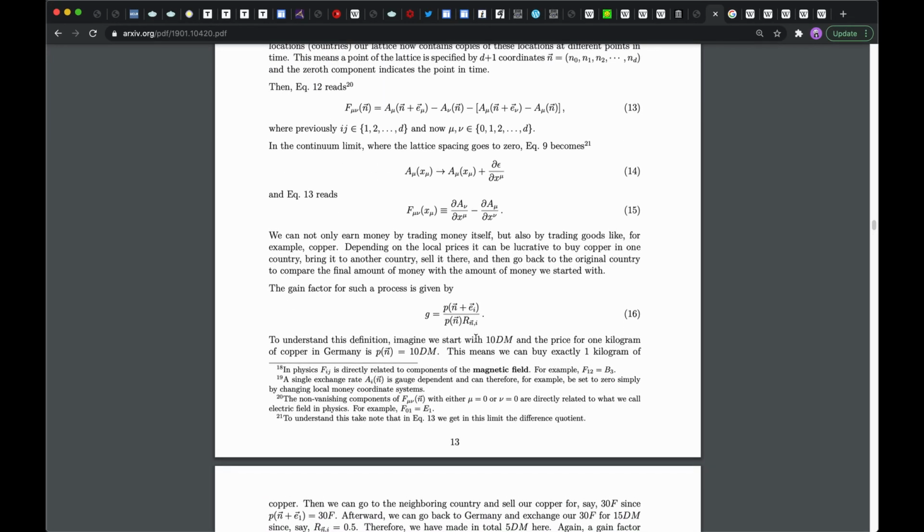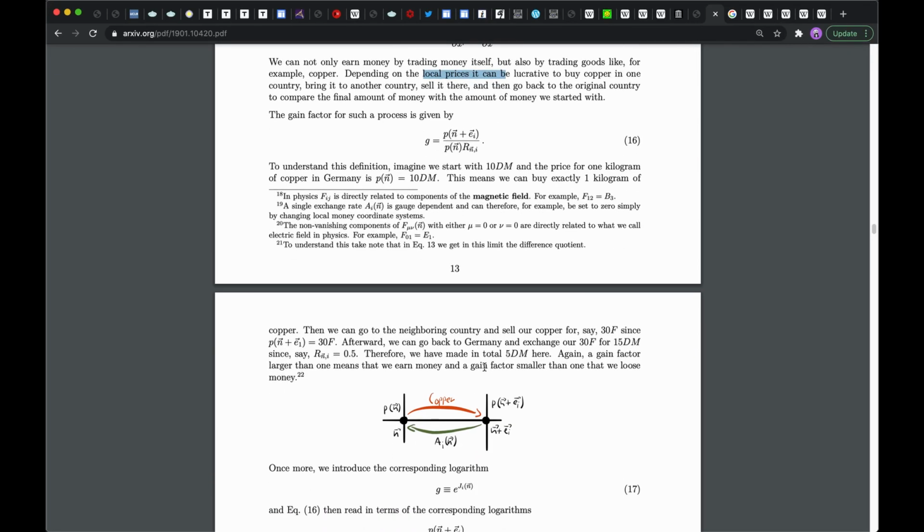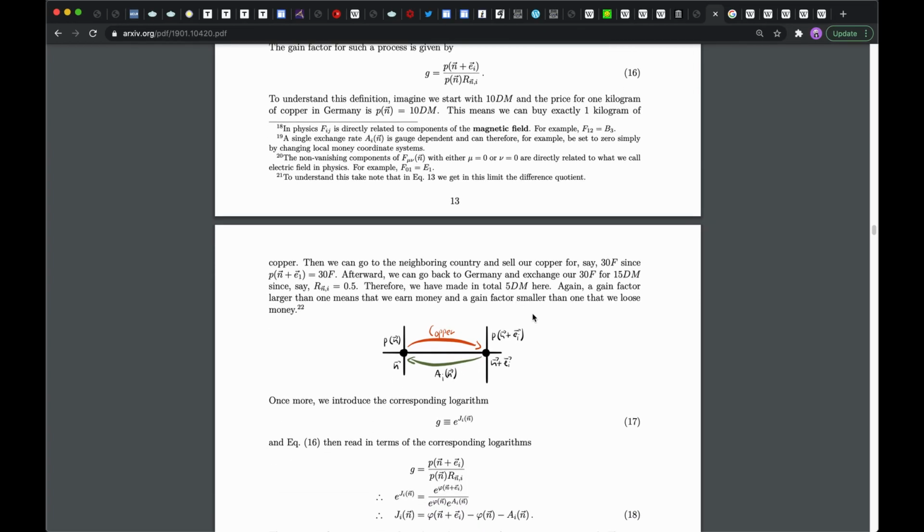And the interesting moment here is that if you have some kind of good, like copper, for example, and we have local prices in different countries on the copper, and we can also make different exchanges of our goods between countries, those prices on the goods will induce some analogy to the currents in economics.